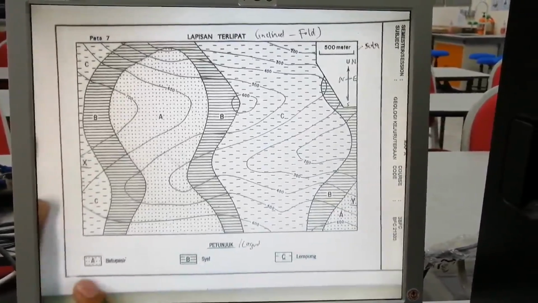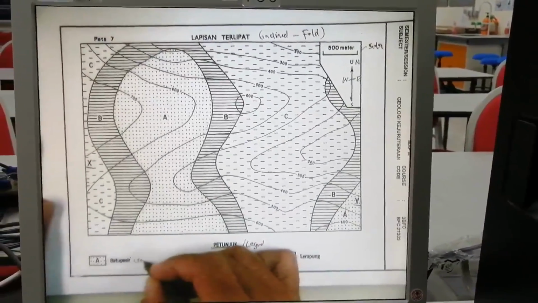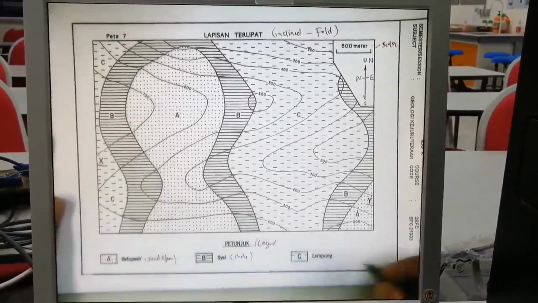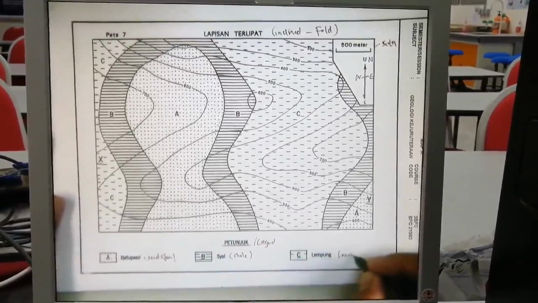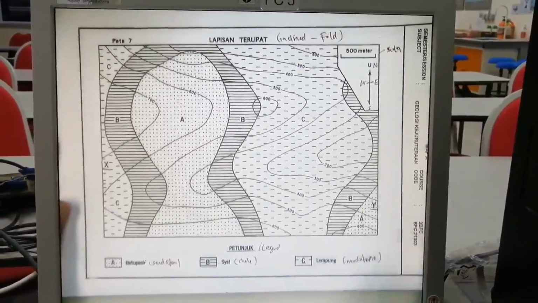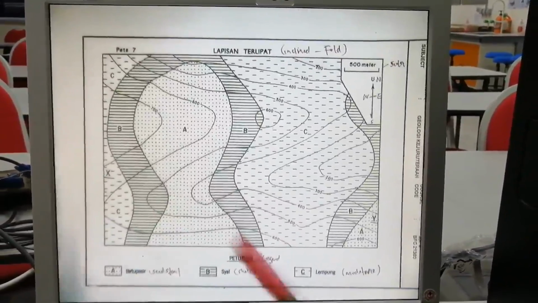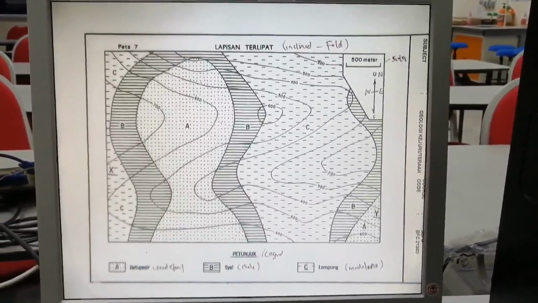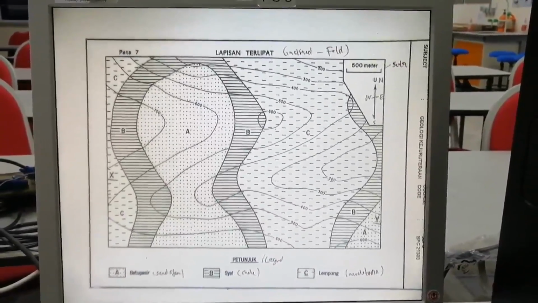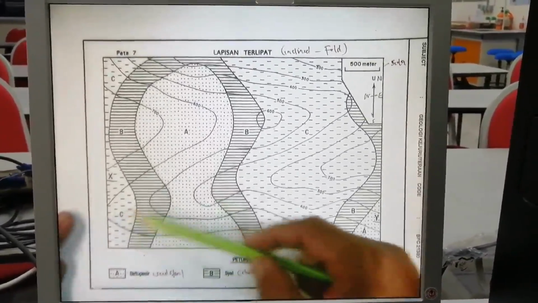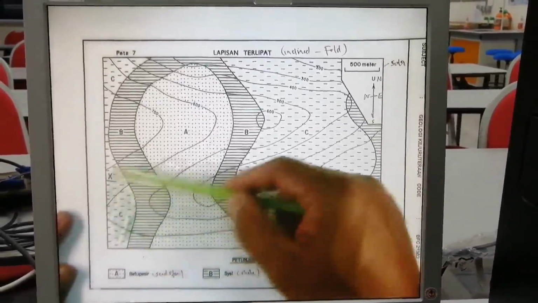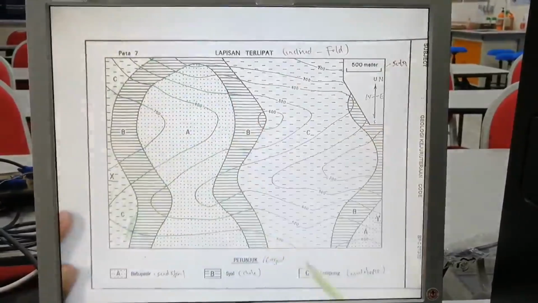We have A is sandstone, B is shale, and the lempo is mudstone. So this one is A, we color this sandstone. We color this C shale.